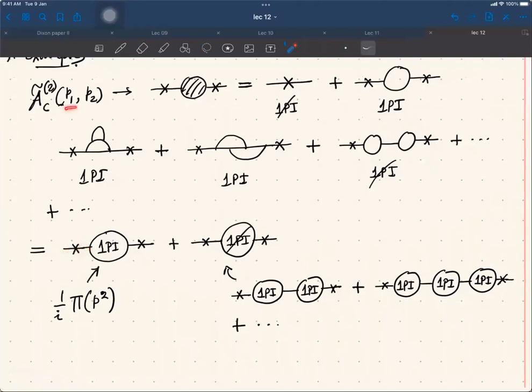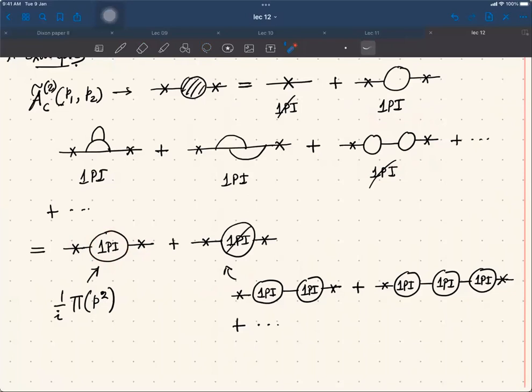This is p1, p2, but because there will be an overall momentum conserving delta function, let me call p1 as p. So p coming in and p going out. Those external line propagators are amputated, but nonetheless, this object depends only on p.